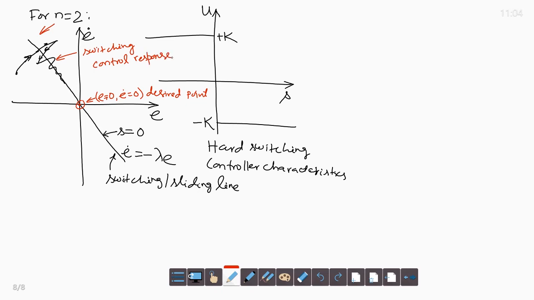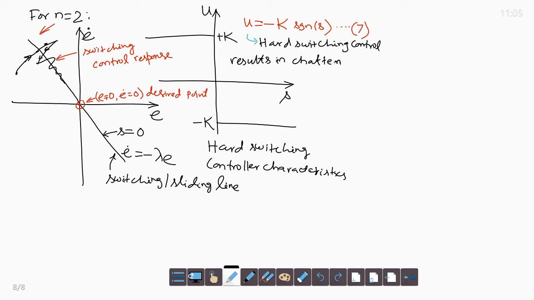So this is equation 7, u equals minus k into signum of s. This hard switching control results in chattering of states and output.